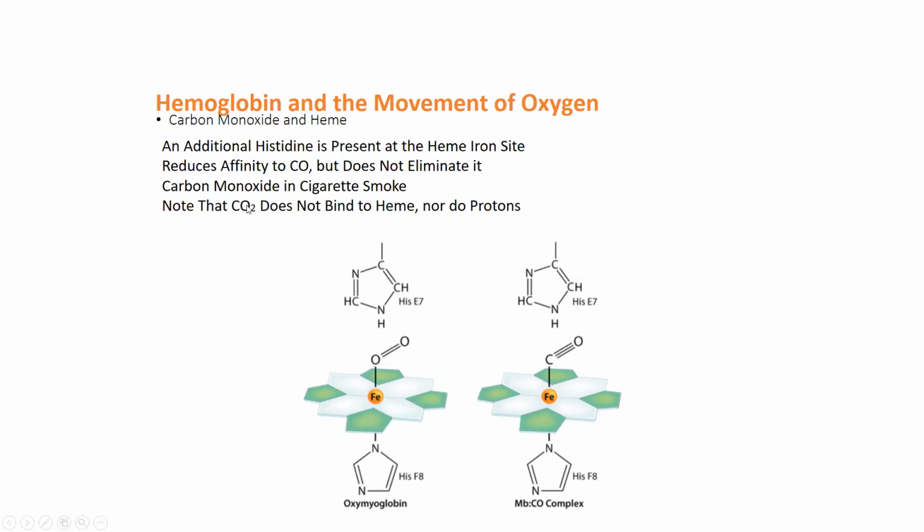But in carbon monoxide poisoning, carbon monoxide is not going to allow carbon dioxide to bind hemoglobin and let go of the oxygen, or bind the protons and let go of the oxygen. So it will lock. Carbon monoxide will prevent that, and it will lock it in the R state.